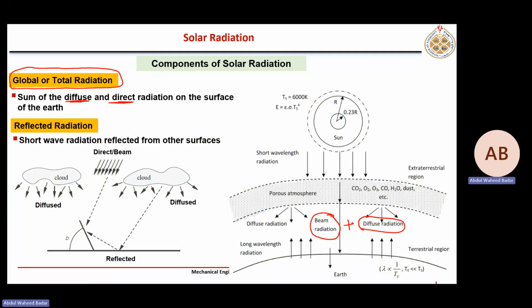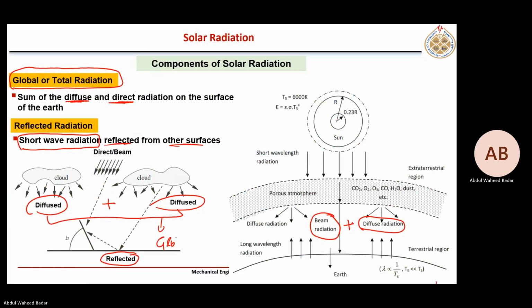The reflected radiation, the same short wave radiation, we are using the term short wave for solar radiation, as I already explained. This short wave radiation which is reflected from the other surfaces is called reflected radiation. And this plus this is called global or total radiation.